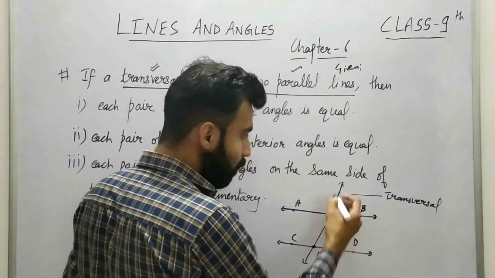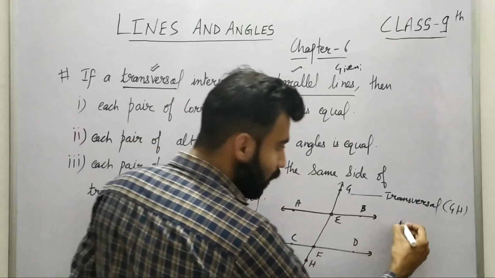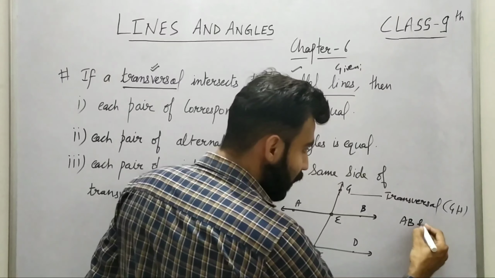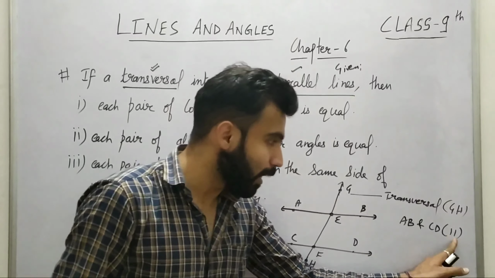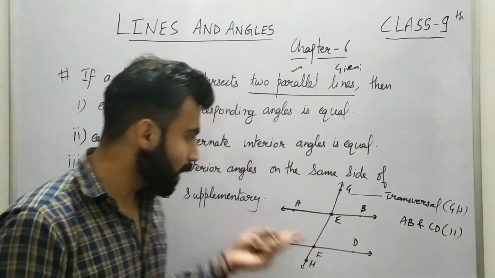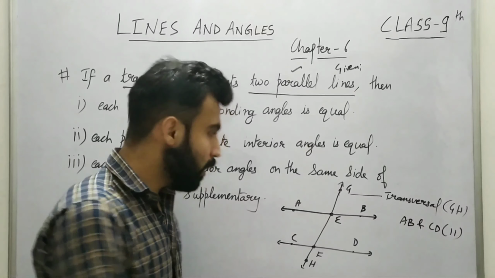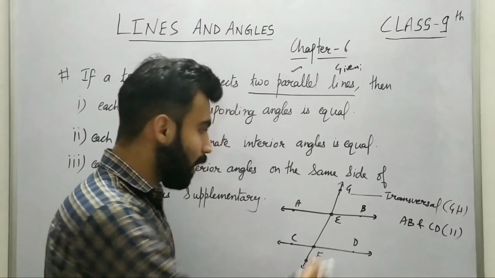The two parallel lines are AB and CD, both parallel to each other. This is the parallel sign. Now you can see AB and CD are parallel, and GH is a transversal intersecting AB and CD at 2 points E and F, right?